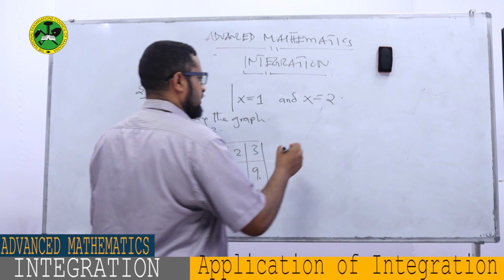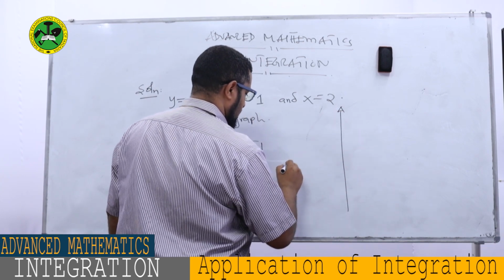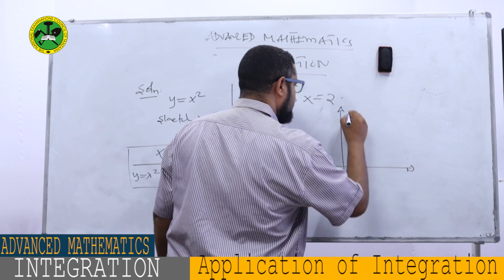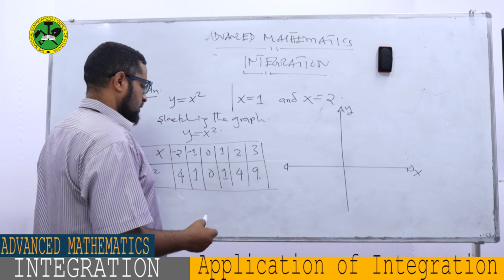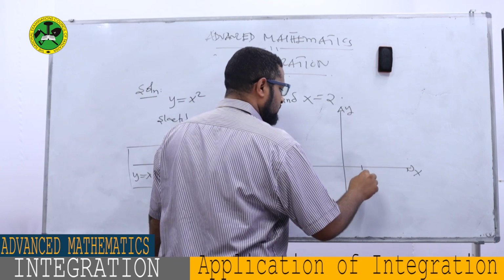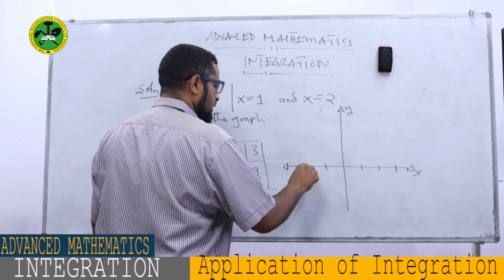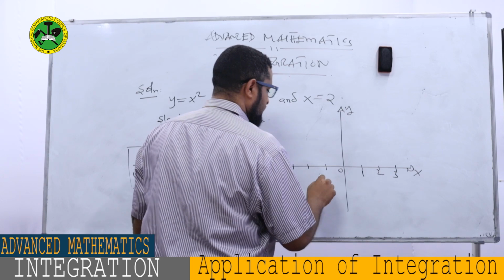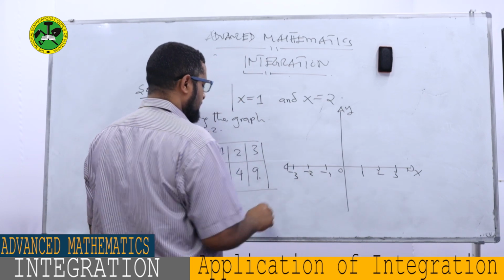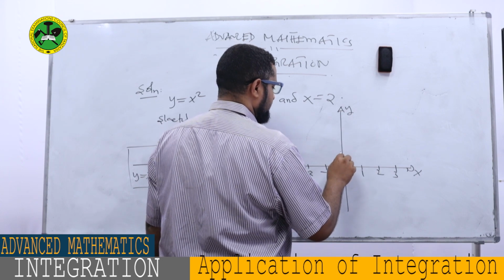Thereafter, let's sketch our graph as part of your solution. So we have 1, 2, 3, -1, -2, -3. Here we have 0, 1, 2, 3, -1, -2, -3. For the case of y, we have only positive numbers.